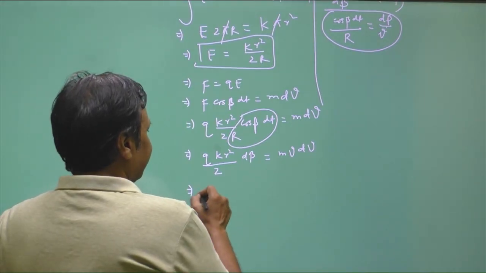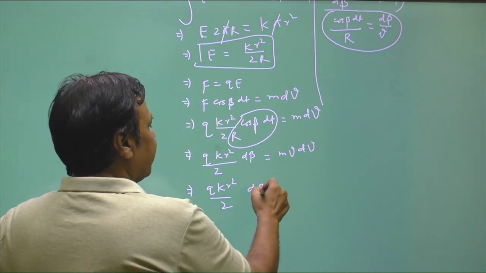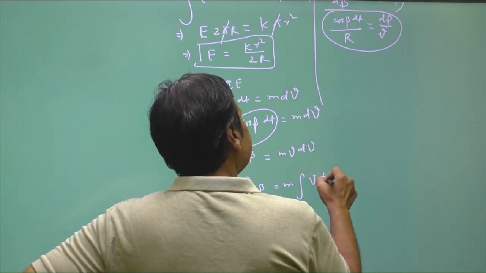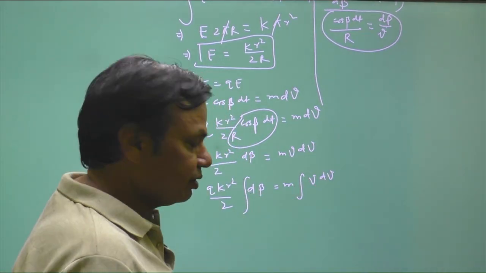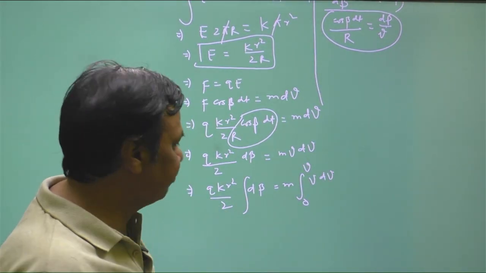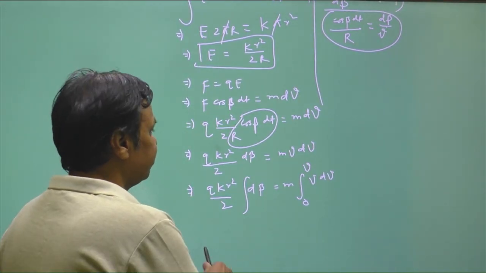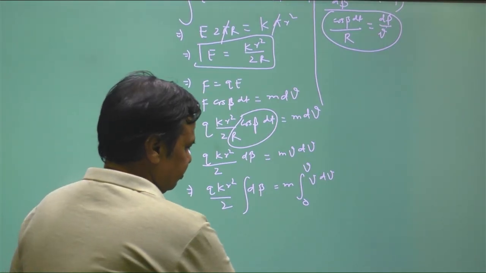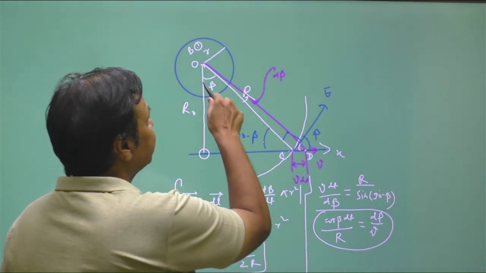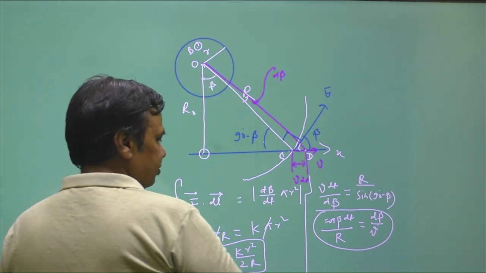Everything is fine, and I can write dv equals q k r square upon m, d beta. Now you can integrate. The initial velocity was of course 0, and the final velocity is what we are looking for.